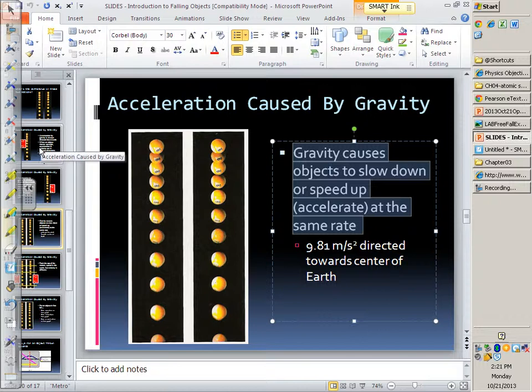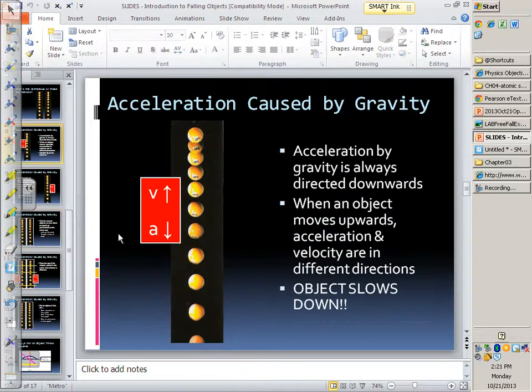If we talk about that object on its trip from my hand up to the top of its motion, we throw it up in the air. It has a velocity in the upward direction because that's the way it's moving. So we could say that if we call that the positive direction, it would have a positive velocity. But because gravity is pulling it in the downward direction, it has a negative acceleration.